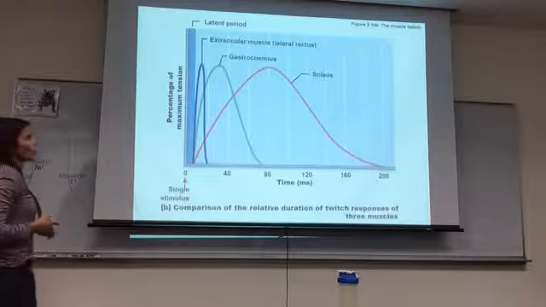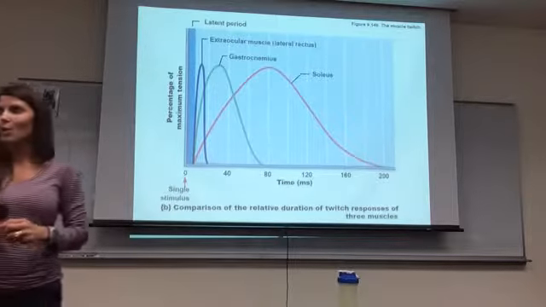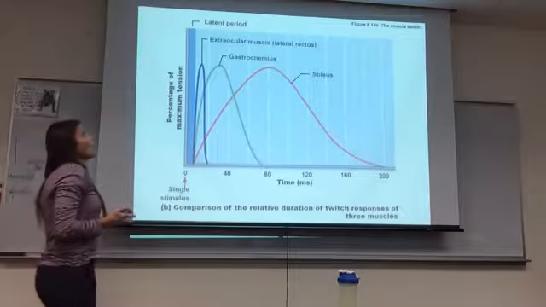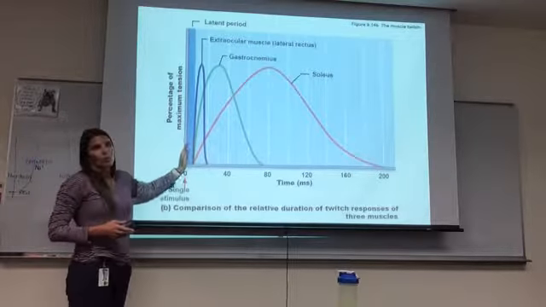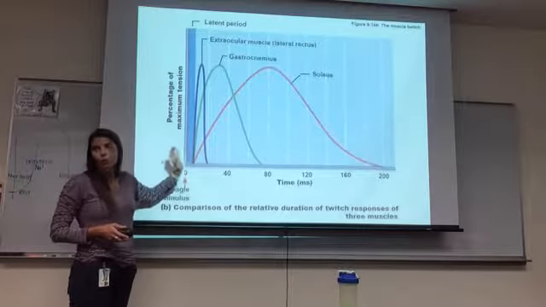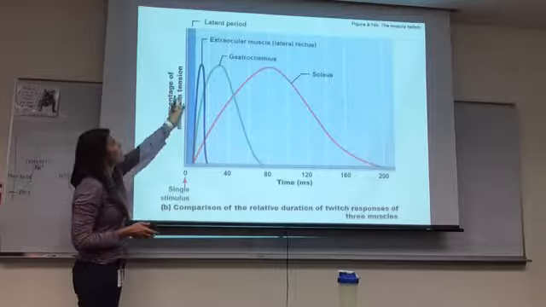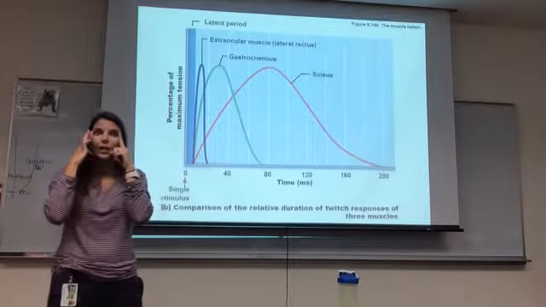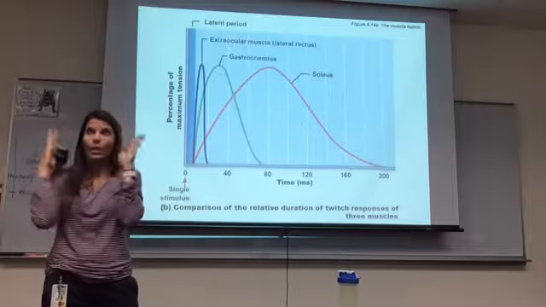Here is showing you different muscles in your body and the time frame that we can talk about that they contract. The smaller the muscle, the quicker they are to contract, the quicker they are to relax. So here it says extraocular muscle, and lateral rectus. So these are the muscles on the sides of your eyes that move your eyes to the side.